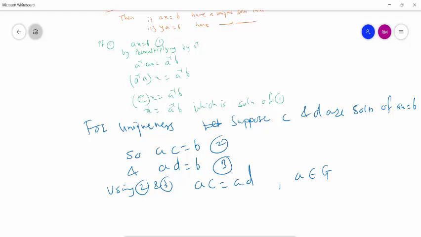Suppose there is no unique solution, suppose two solutions are there, C and D. But to prove the uniqueness we should come to the conclusion C equal to D. That's why we are trying this. So obviously to remove A we have to pre-multiply by A inverse.